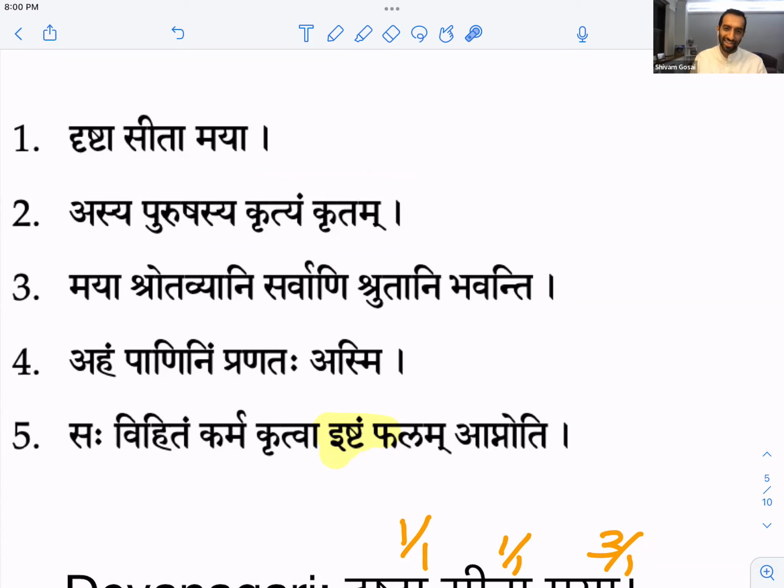Now this is getting fun, right? Let's give cases to the ones we definitely know. Asya, yes, 6-1. Purushasya, 6-1. Shashti vibhakti ekavachanam. Krityam kritam. Now, if it's masculine, it can be 2-1. If it's napumsaka linga, it can be 1-1 or 2-1.